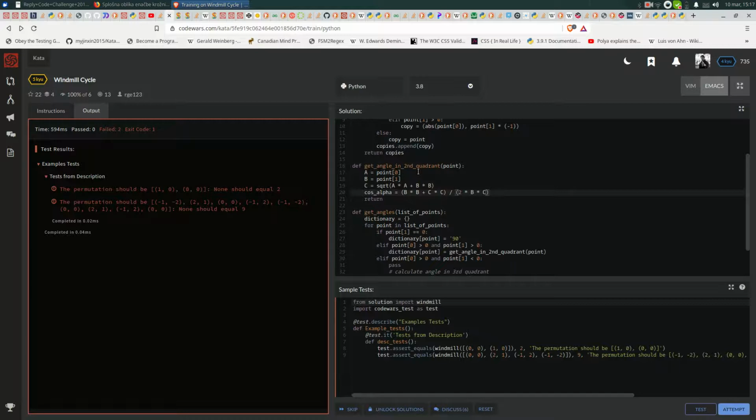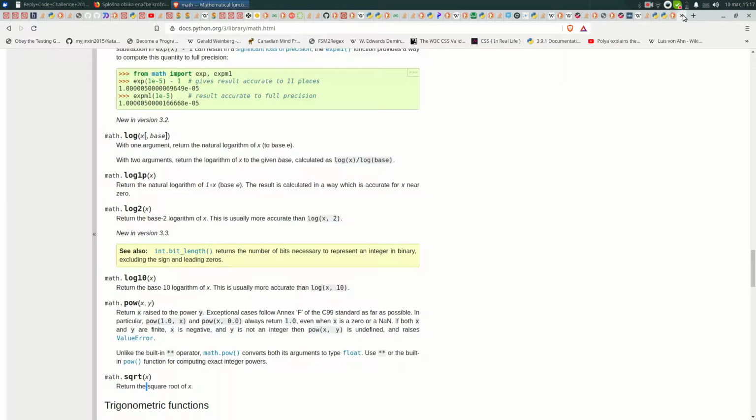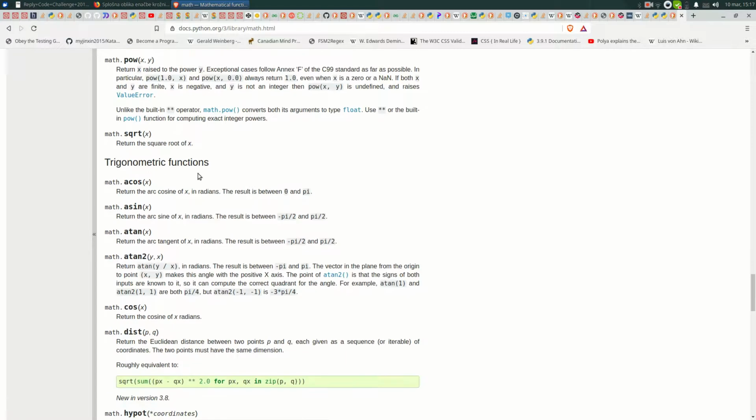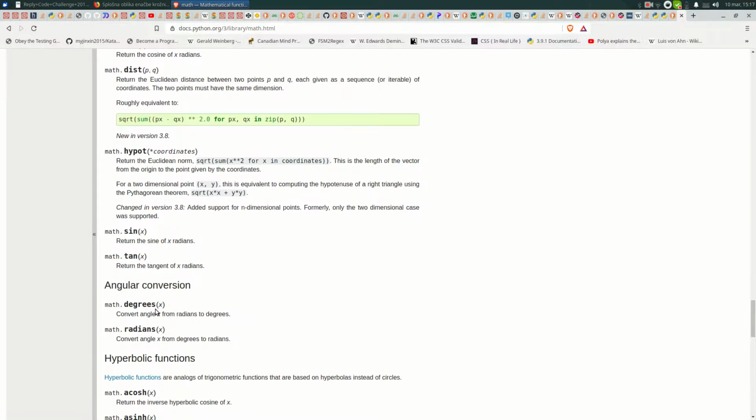now we just need to look at the math module. Power trigonometric, return the arc cosine of x in radians. Cosine, return the cosine of x radians. Return the sine.